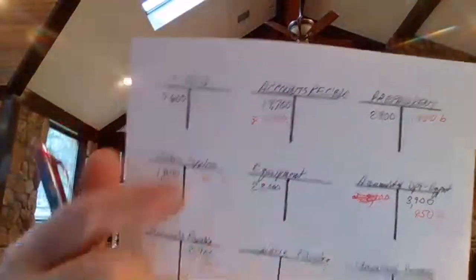Okay. G. The accrued revenue. So accounts receivable is getting a $2,550 debit. And service revenue is getting a credit of $2,550.